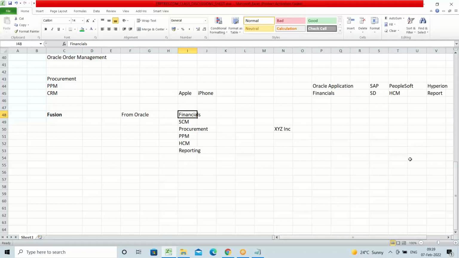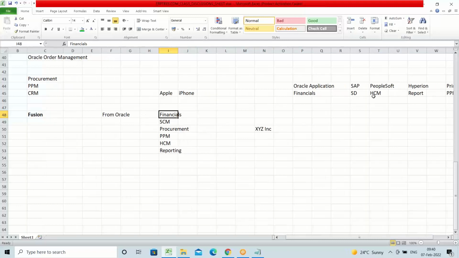And where we have HCM solution, best solution in PeopleSoft. They acquired PeopleSoft, they purchased PeopleSoft. Okay, from PeopleSoft, they taken HCM. From PeopleSoft, the HCM they taken, HCM solution they taken.